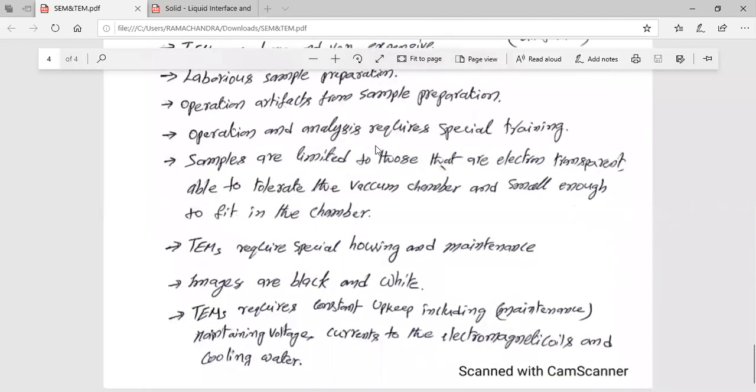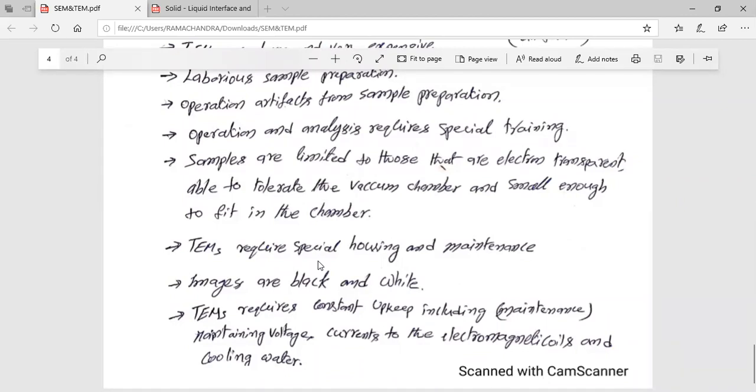Operation and analysis require special training, so here also we take some training to operate this instrument. Samples are limited to those that are electron transparent, able to tolerate the vacuum chamber, and small enough to fit in the chamber. So we use limited samples for analysis by TEM. TEM requires special maintenance. Images are black and white.